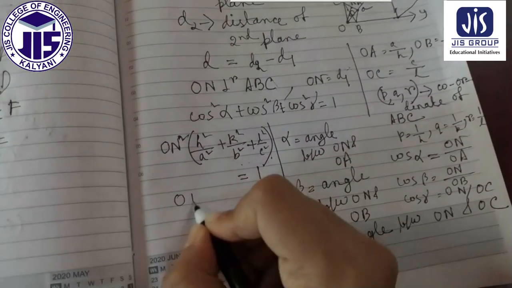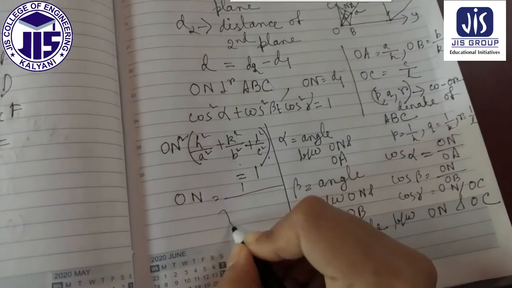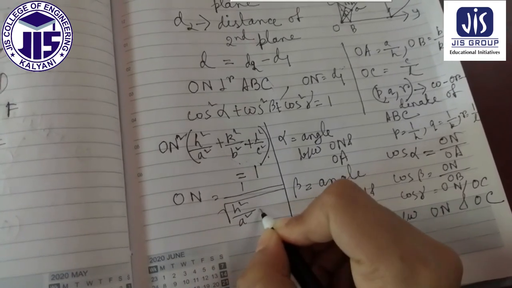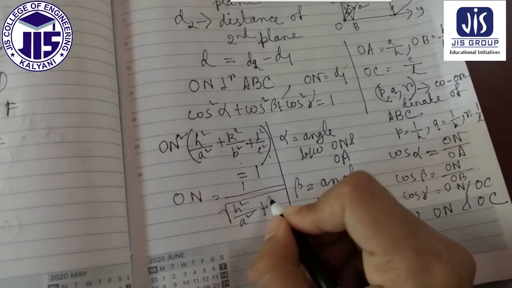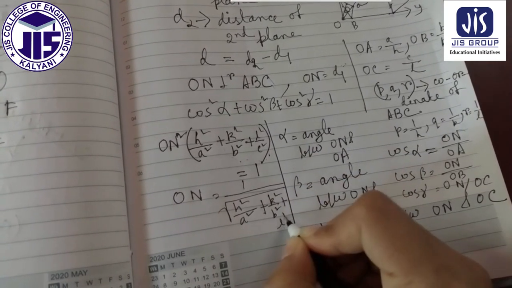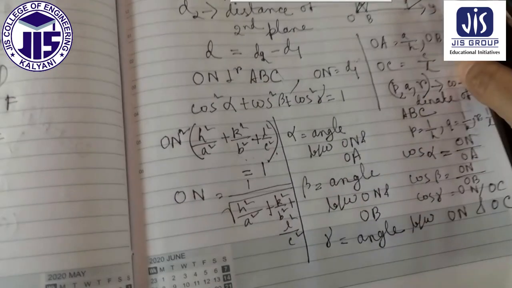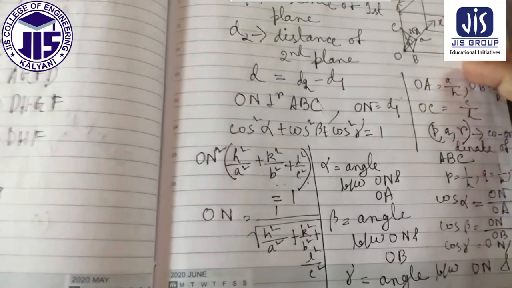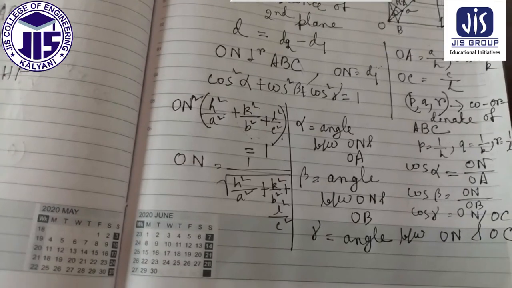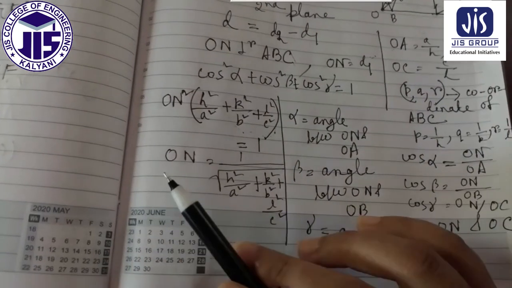Therefore ON equal to 1 by root over of h square by a square plus k square by b square plus l square by c square. This we can write. So now this is the expression of ON, that is d1.